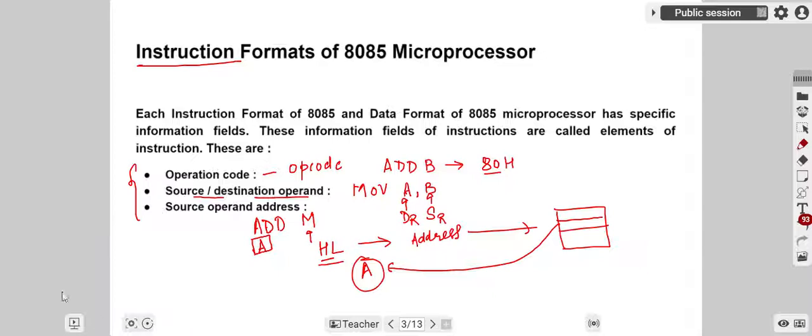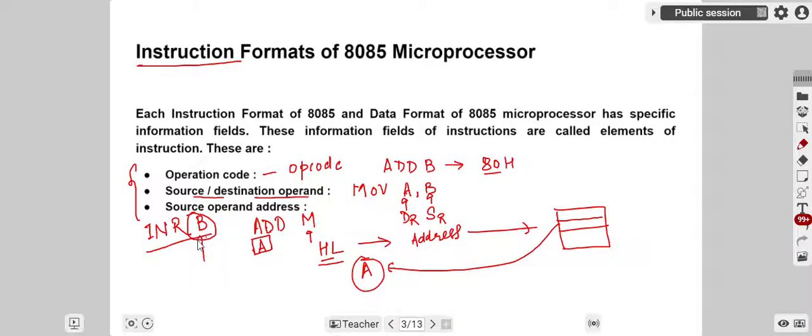So this is how instruction formats are provided. Instruction formats generally have these three fields. There can also be a destination address or destination operand. Let's suppose we use one instruction, INR B. This increment B instruction increments the contents stored in the register provided with the instruction.